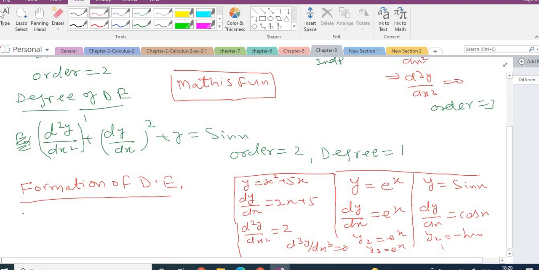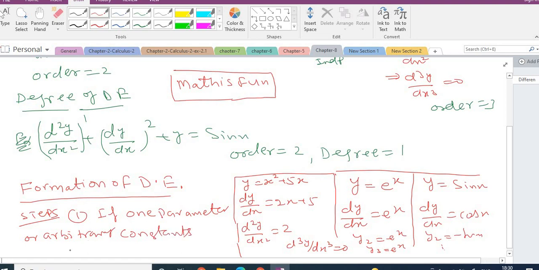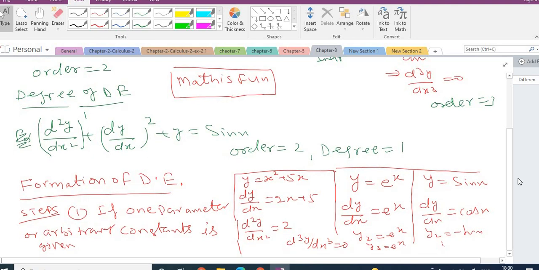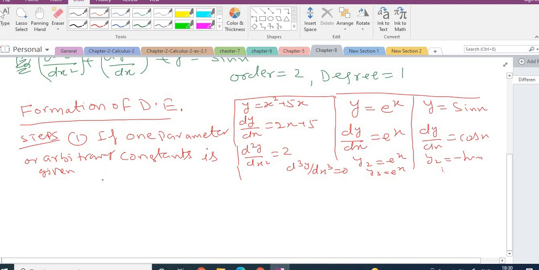So if I am writing the steps here: first, in the question or example, if one parameter or sometimes arbitrary constant is given, then differentiate the function one time.